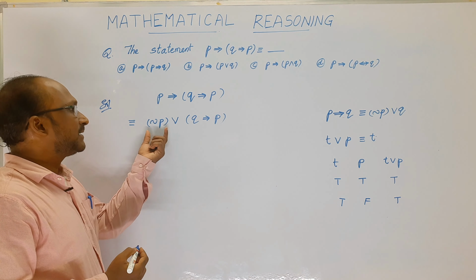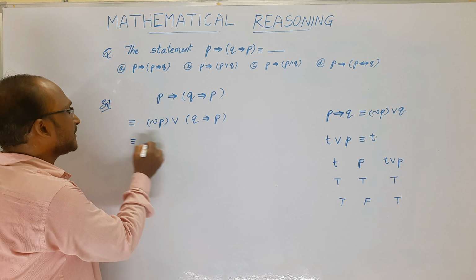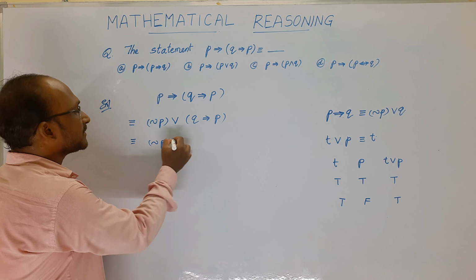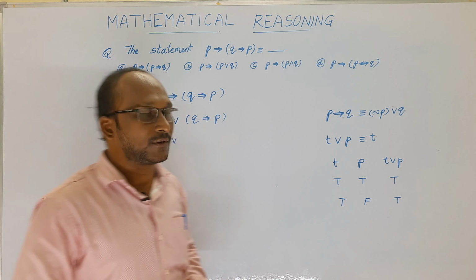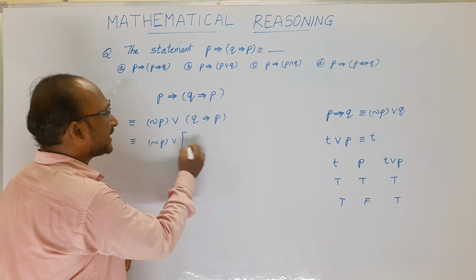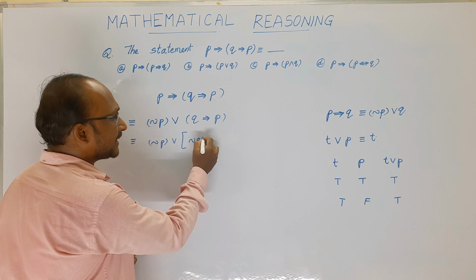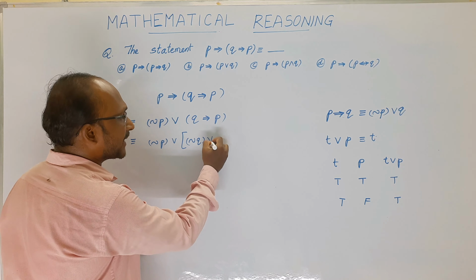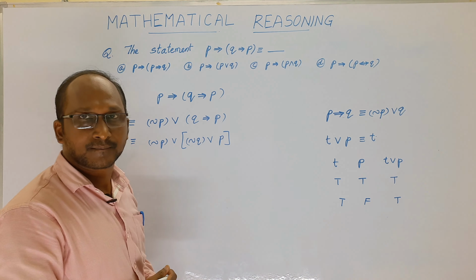So we have got negation P or Q implies P. Again for the second statement Q implies P, let us apply this rule. So with that rule, first statement Q becomes negation Q, implies becomes or, second statement P remains the same.